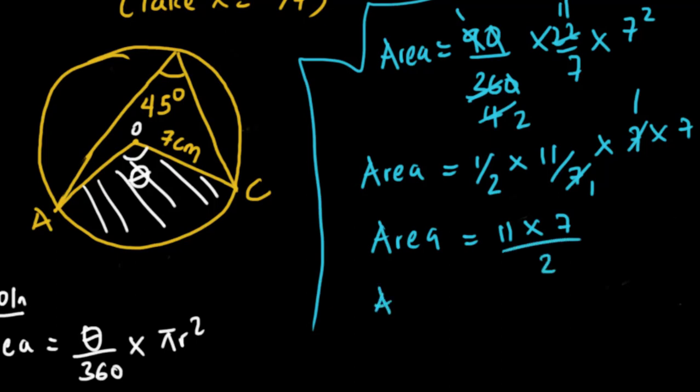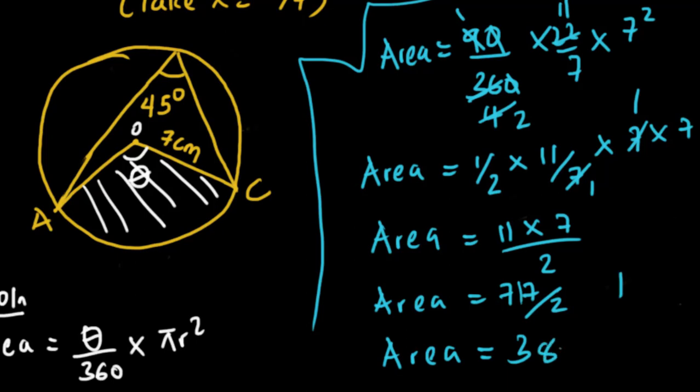So area equals 11 times 7 is 77 all over 2, which means that area equals, 2 in 7 is 3, remainder 1, 2 in 17 is 8, remainder 1. Point, add 0. 2 in 10 is 5. So we have 38.5 centimeters squared. And here's the answer to the area of the sector AOC.